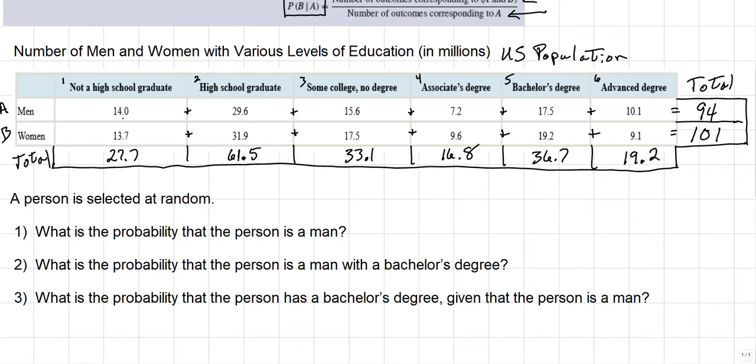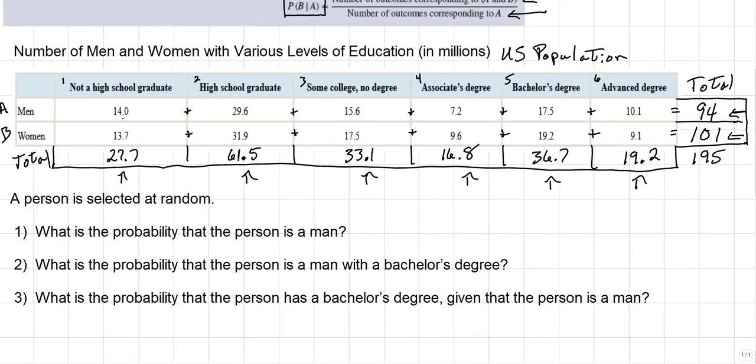Now, if I've done this correctly, adding these two values together should be the same as adding these 6 values together. So I should have 195 as my value right here. And I can confirm that using the calculator.